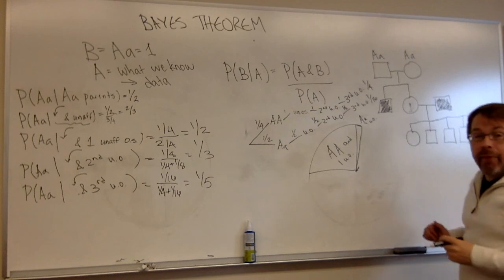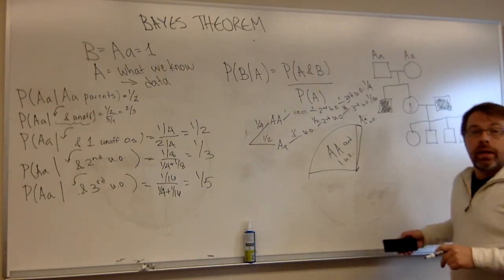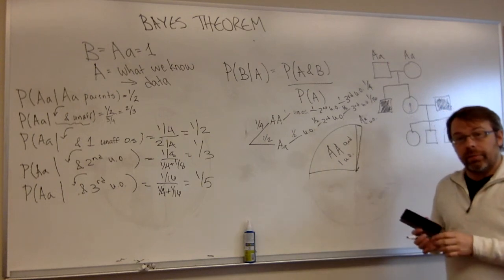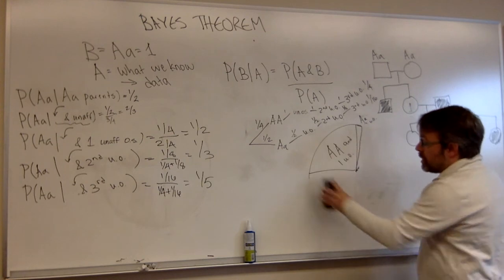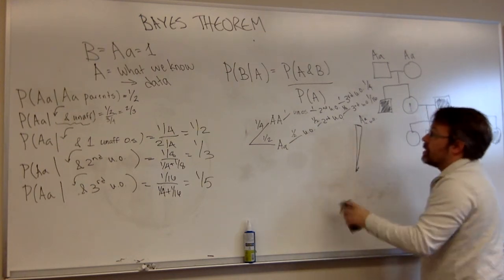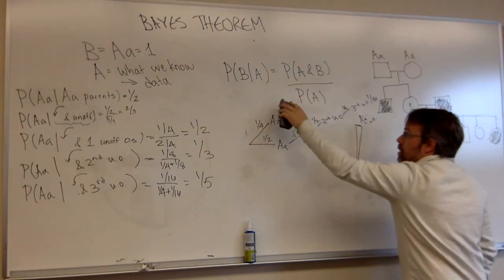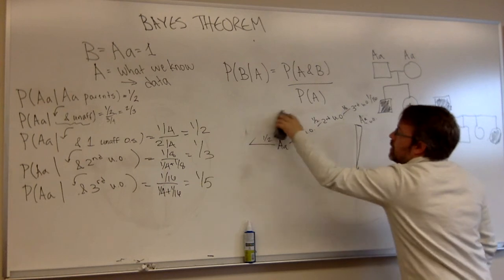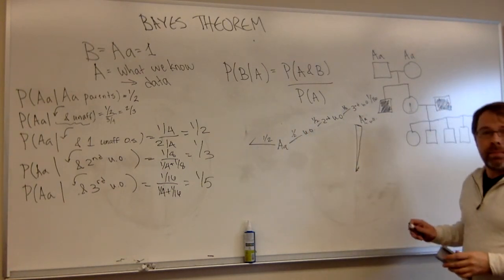But then what happens when we have an affected offspring? As long as we leave aside weird things like a recurrent or new mutation, suddenly this big piece of pie that we've kept around the whole time gets erased. This whole path gets erased, and we're left with only one path: big A, little a.